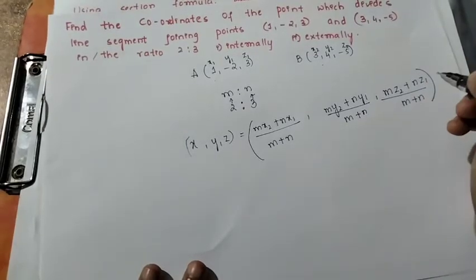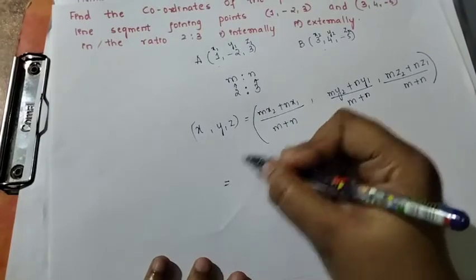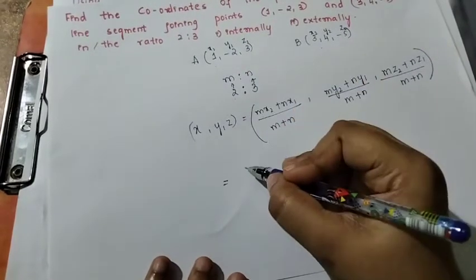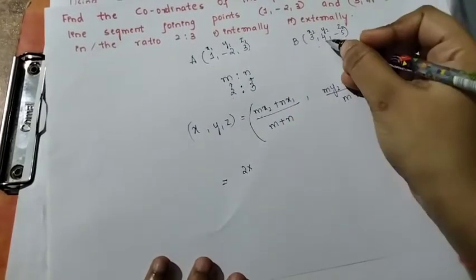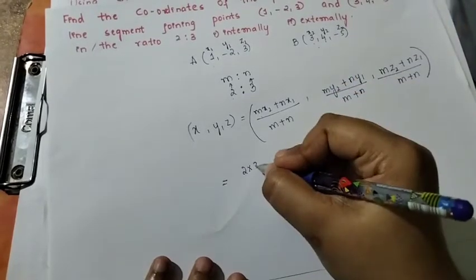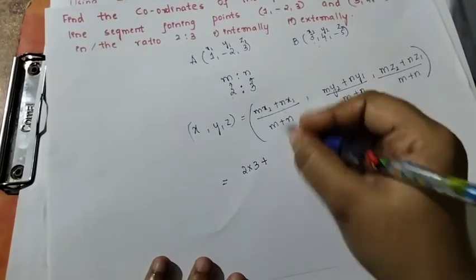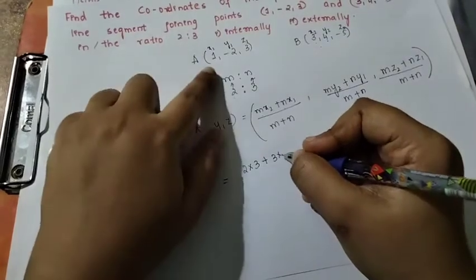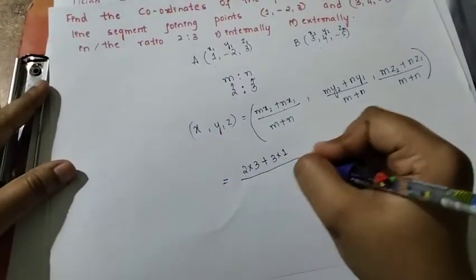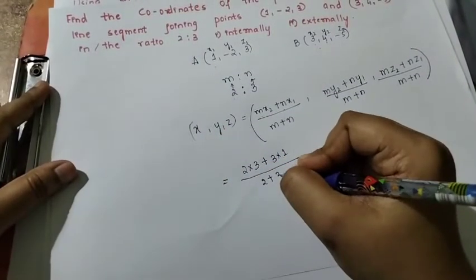Correct? So substitute now. First point, m value is 2 into x2 value 3, plus n value 3 into x1 value 1, divided by 2 plus 3.